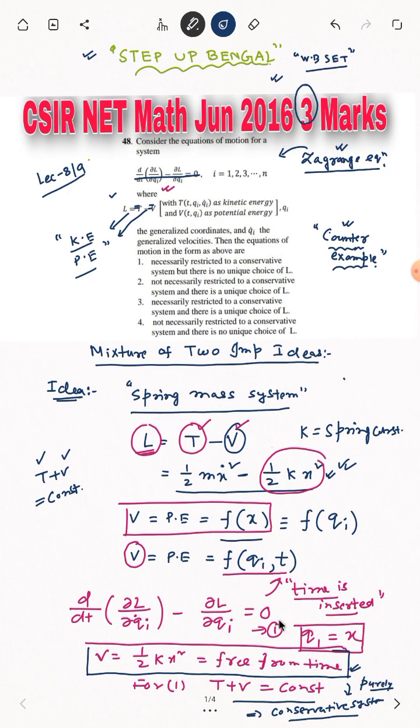We can call it a purely conservative system. That means in that case the sum of potential energy and kinetic energy will be fixed, that is constant. So we should have a conservative system. On the other hand, in this case a time factor is inserted.